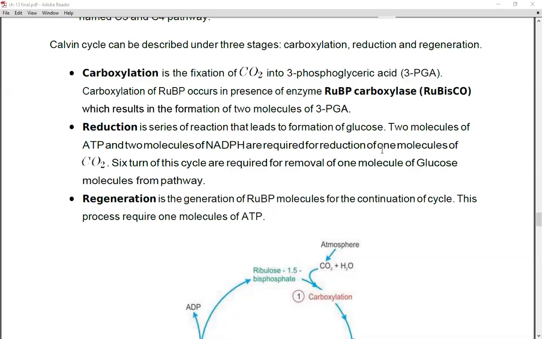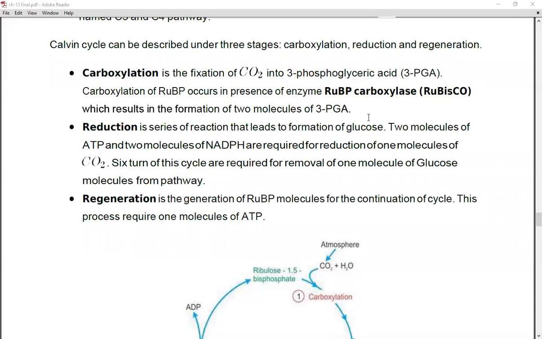So the first step of the Calvin cycle is fixation of CO2, right? Now, carboxylation of RuBP occurs in the presence of an enzyme. So carboxylation of RuBP means there is the presence of RuBP, right? And this RuBP is ribulose bisphosphate, right?